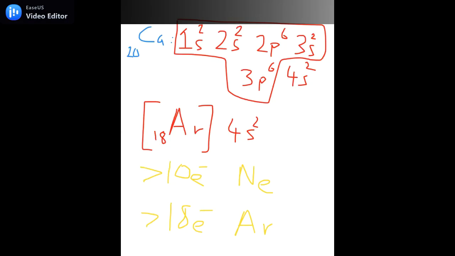Now for a few more examples. Phosphorus has atomic number 15, that means 15 electrons. So the full configuration would be 1s2, 2s2, 2p6, 3s2, and how many electrons remain? 2 plus 2 is 4, 4 plus 6 is 10, 10 plus 2 is 12.